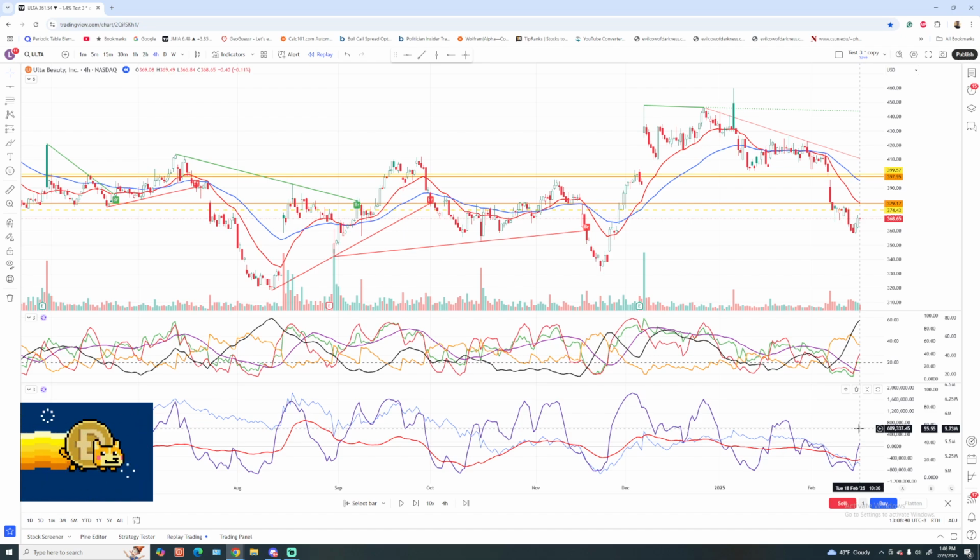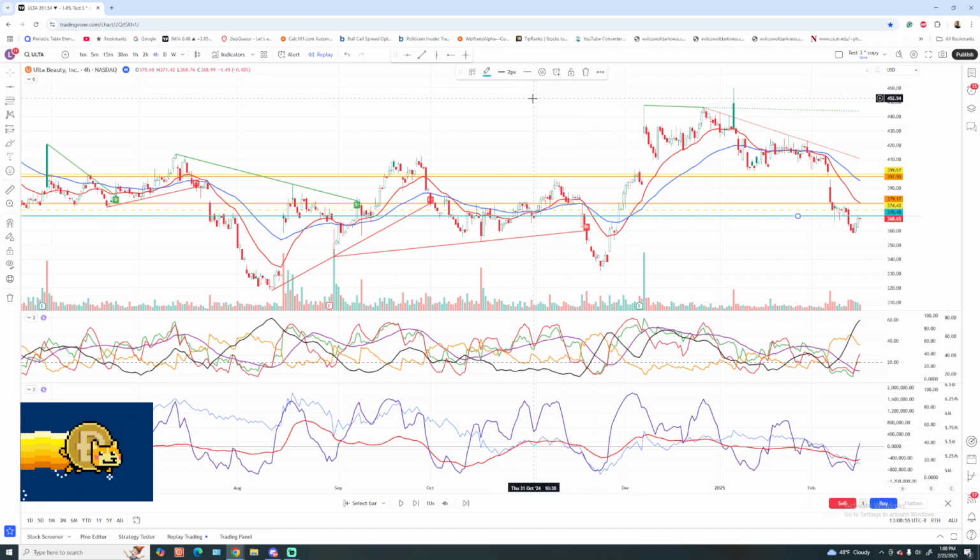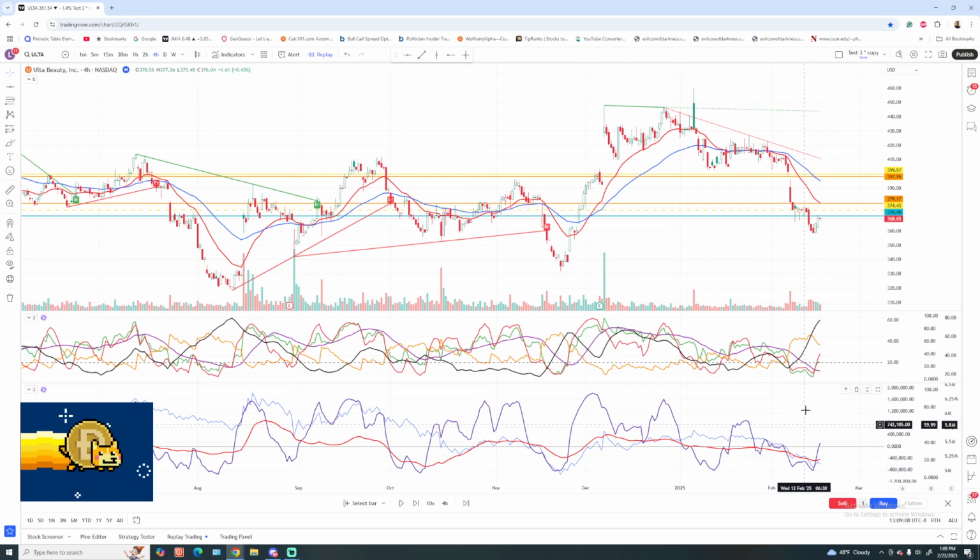So I have a resistance that's under the 4 hour heavy support. Normally when that happens, when a price that's under the support all of a sudden becomes a resistance under its original support, which I'll mark with a blue line right here, I'm like, I'm going to double down on ULTA. That's what made me double down, knowing that this is sort of a put indication because that's a resistance.